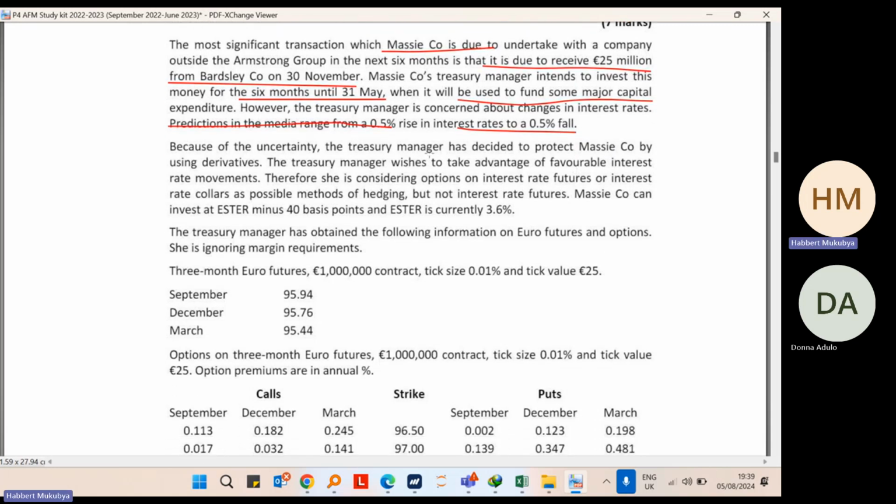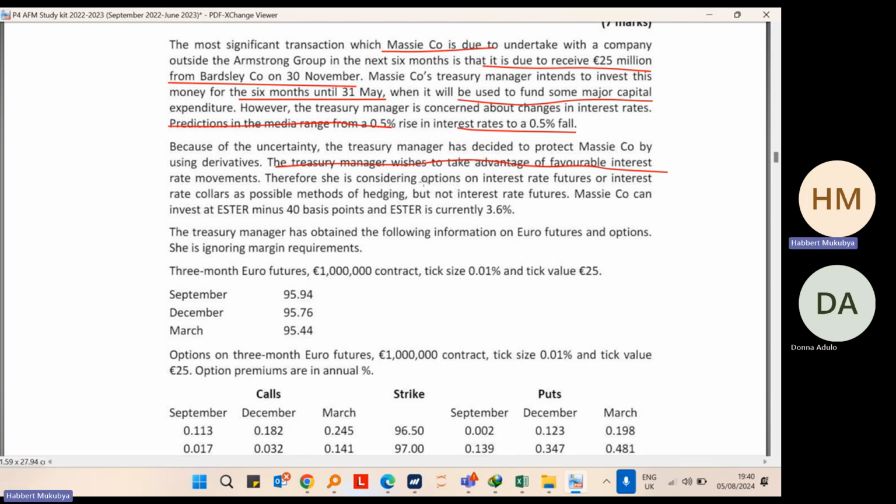Because of the uncertainty, the manager has decided to protect Massey by using derivatives. The treasury manager wishes to take advantage of favorable interest rate movements. So this is something that we need to look at. Therefore, she's considering options on interest rate futures or interest rate collars as possible methods of hedging, but not interest rate futures.